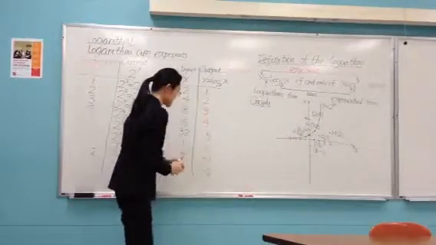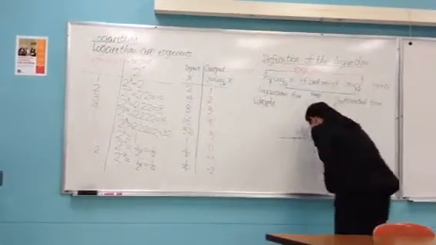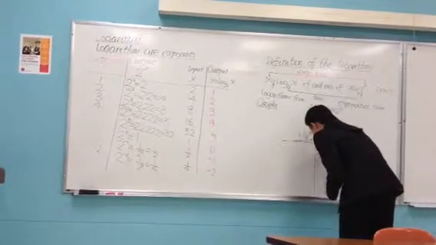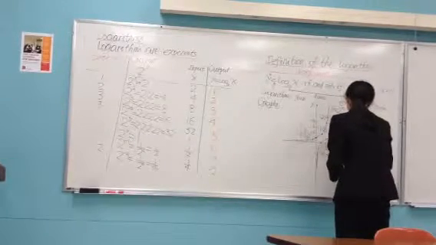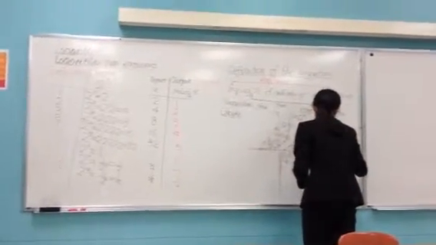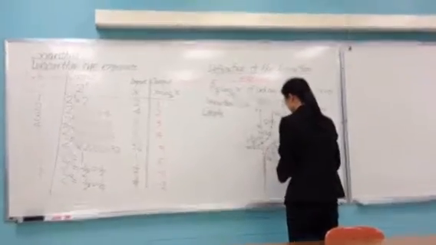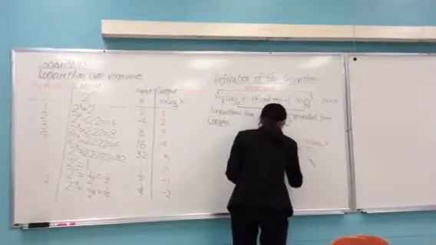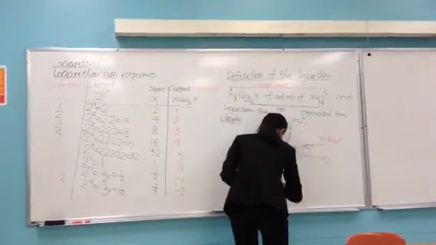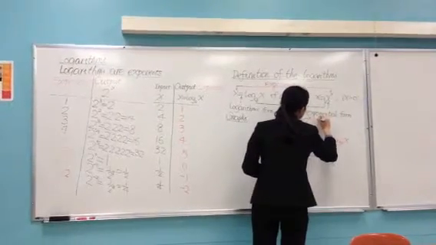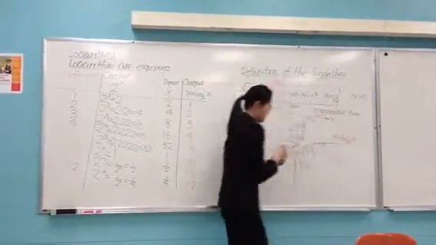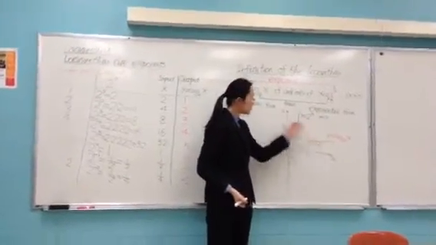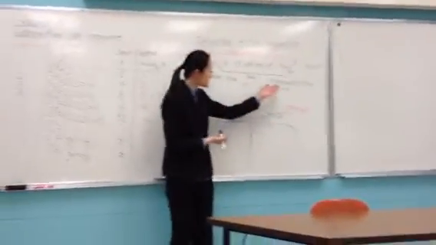Okay, now let's get to the graph of this one. As we can see from the graph, these two graphs are mirror images of each other across the line y = x.